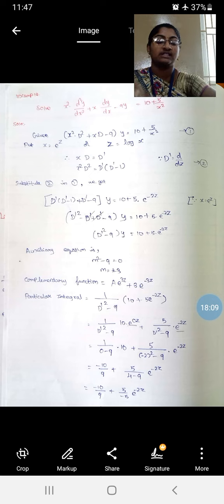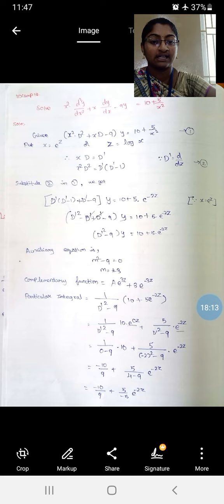Just multiply this term into the bracket: 1 by (D'² - 9) into 10, where there is no exponential, so I can take it as e^(0z), plus 5 divided by (D'² - 9) into e^(-2z). So here the value of D' is nothing but 0 for the first term, and the value of D' for the second term is -2.